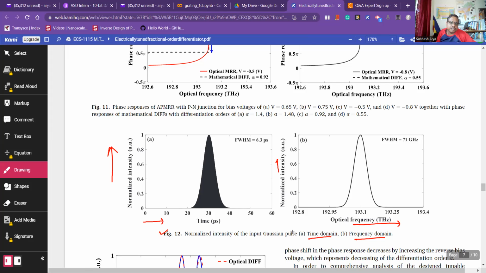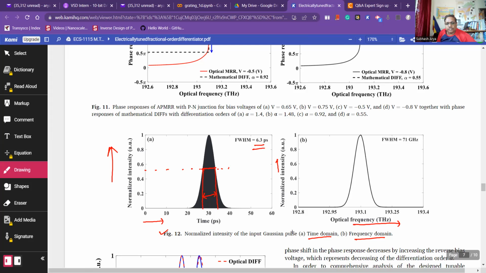The half power point, let's see, this half power point is this. Power is equal to intensity per unit area. So from here to here, the total should be 6.3 picosecond.